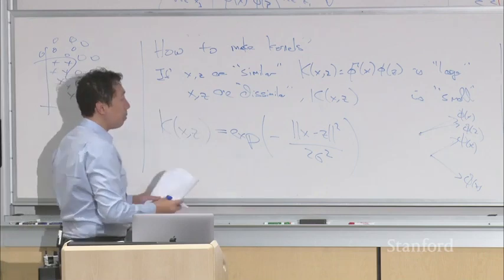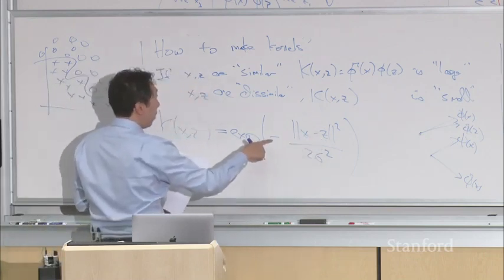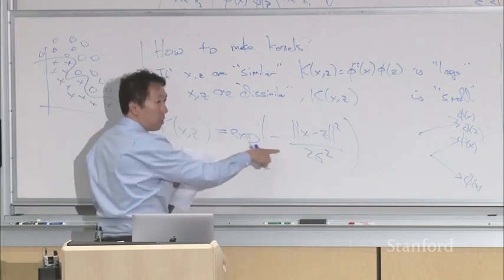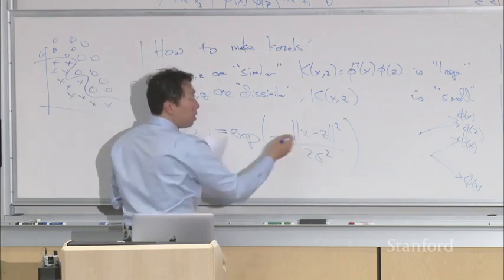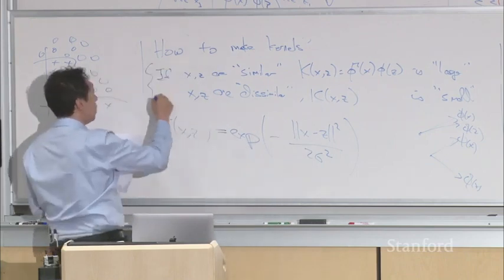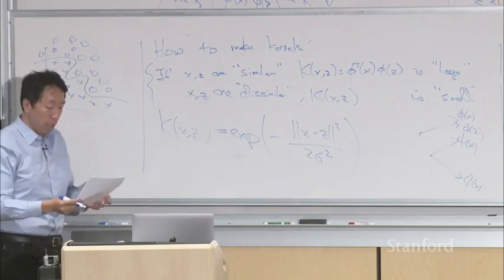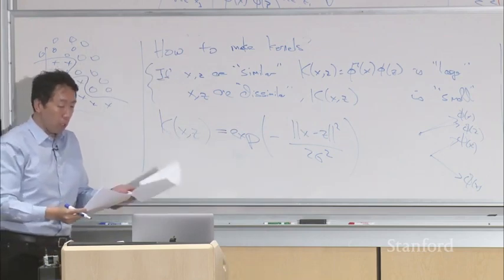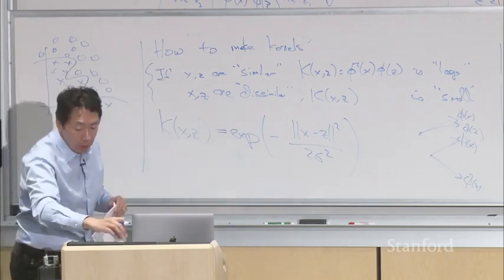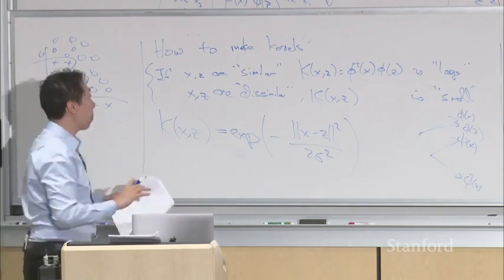And this does have the property that if x and z are very close to each other, then this would be e to the 0, which is about 1. But if x and z are very far apart, then this would be small, right? So this function satisfies those criteria. And the question is, is it okay to use this as a kernel function?